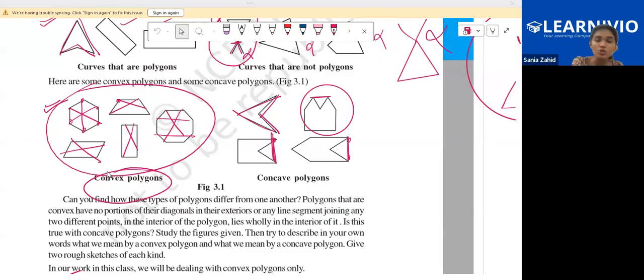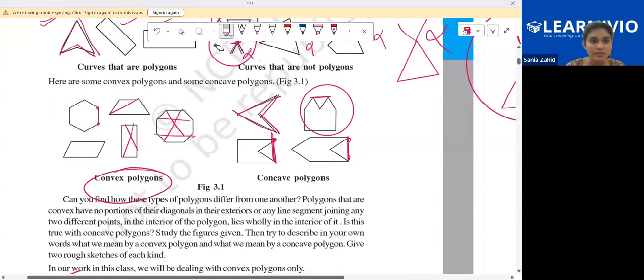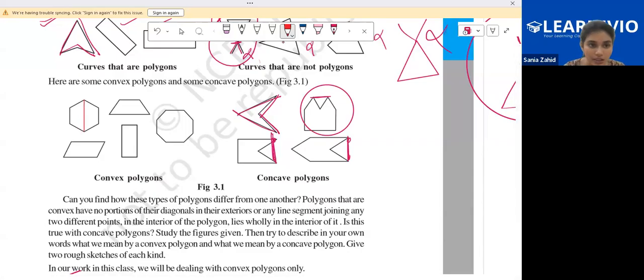Because whenever you join the vertices of these figures, you get a line that's internal to the figure. See, you join these two, the diagonal is internal. Then you join these two, it's again internal.